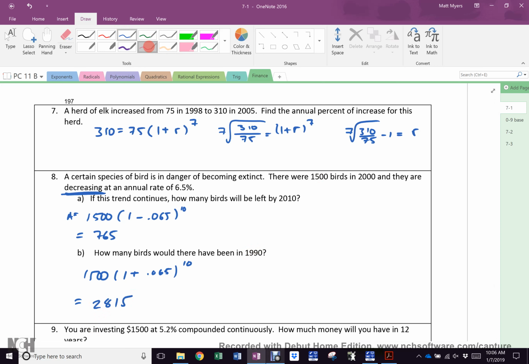Okay, so then what would happen if we took 2,815 and we did 1 minus 0.065 to the 10th? What happens if I punch that in?